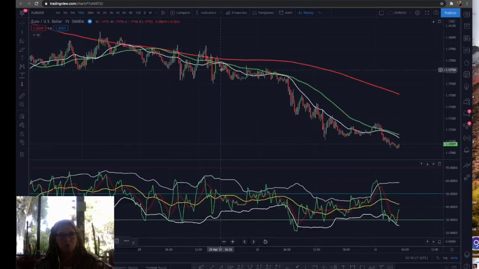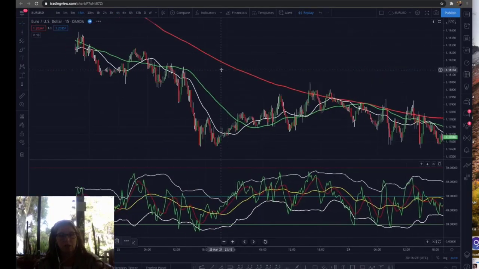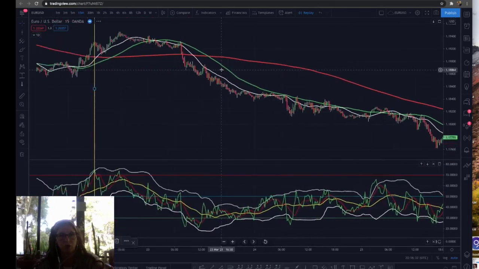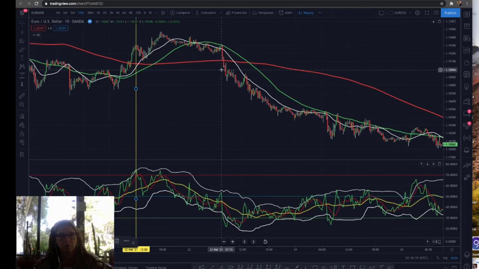The second rule is to take a short trade, you must be hitting 70 or above 70 on the RSI. To take a long trade, you must be hitting 30 or below 30.